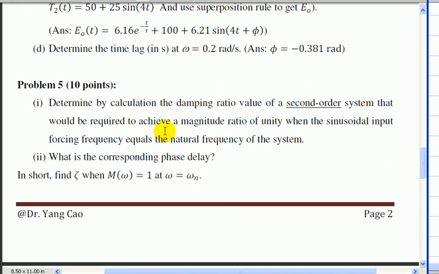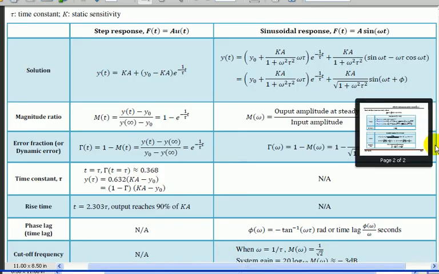So to achieve a magnitude ratio equal to unity when your input frequency omega equals the natural frequency omega n, what's the zeta value? In this question, you probably want to look at this formula sheet again.